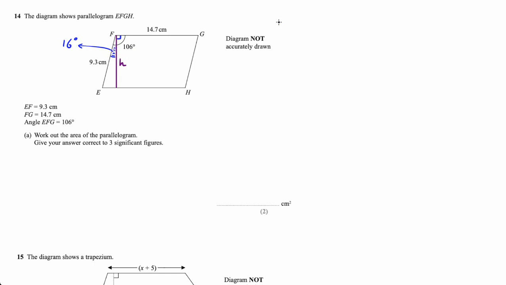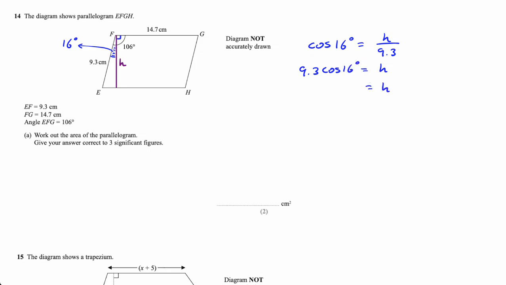Now again, guys, if you haven't done SOHCAHTOA yet, apologies, but this is how you do it. We're going to say the cosine of 16. Cosine because I want the adjacent and I have the hypotenuse. So cosine 16 degrees is equal to adjacent h over 9.3, which means h is equal to 9.3 times cos 16 degrees.